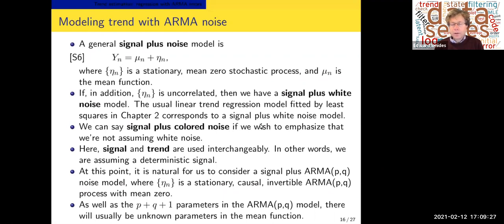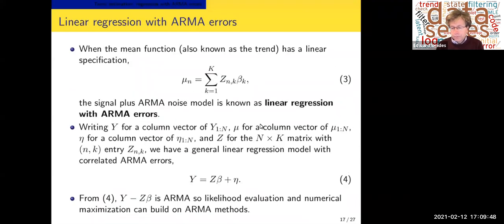One of the reasons this is so useful for data analysis is that there'll often be unknown parameters in the mean function, and in particular, we can use explanatory variables in the mean function that we're interested in. Does some other variable help to explain our time series? That leads us to the very useful technique of linear regression with ARMA errors.